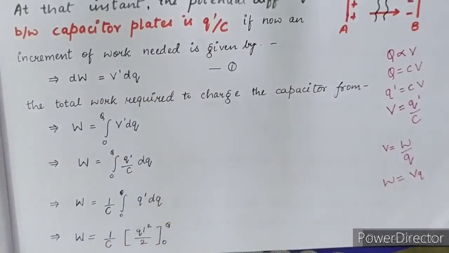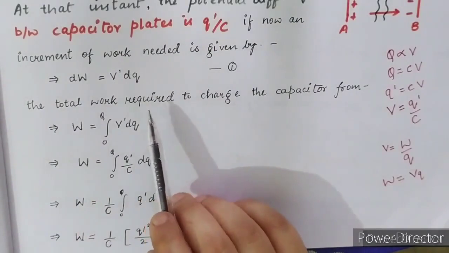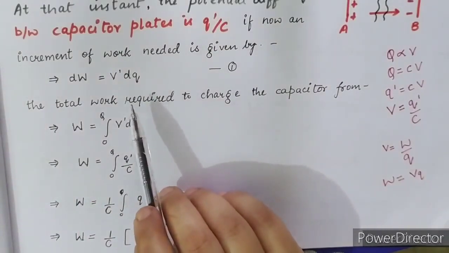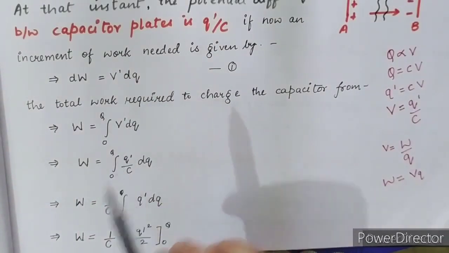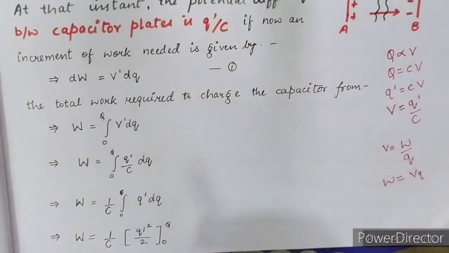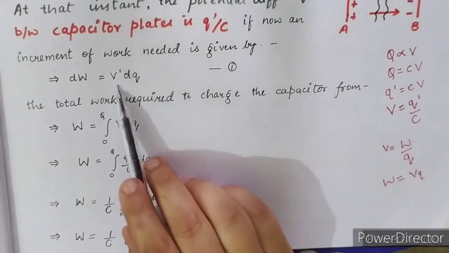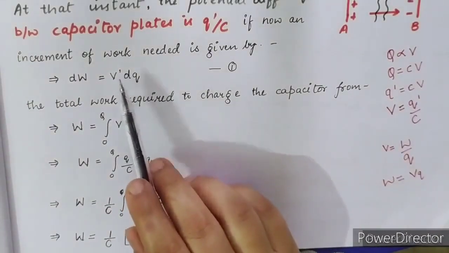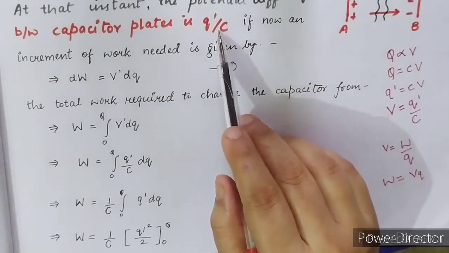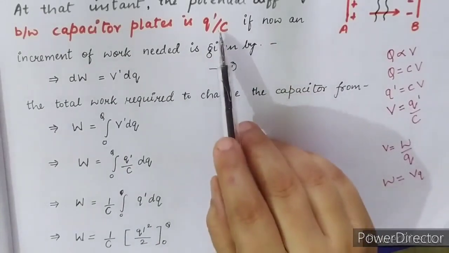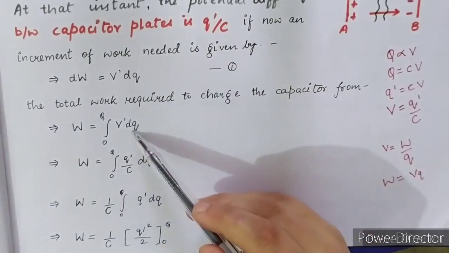Now for the total work done, for calculating the total process, we have to do integration, and charge is stored from 0 to Q. We put the value of V dash, Q dash upon C, in this equation.